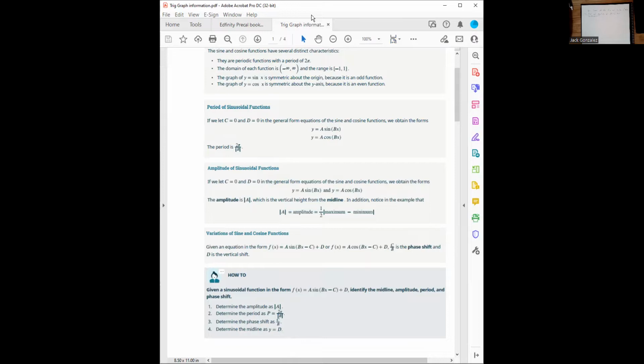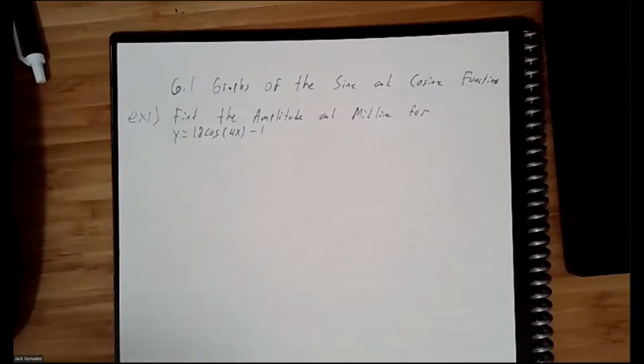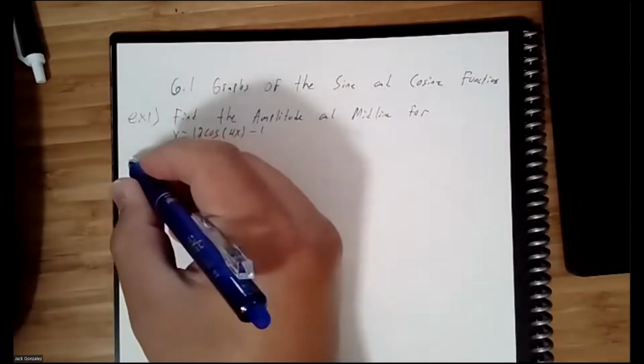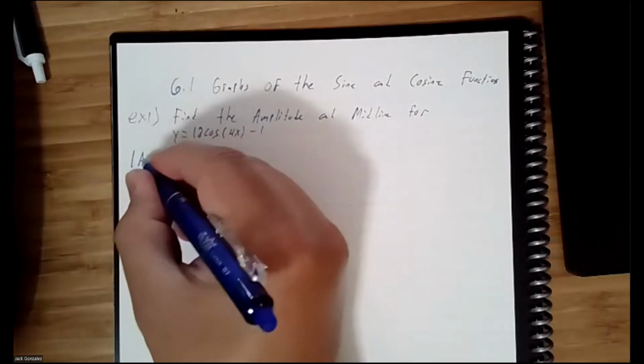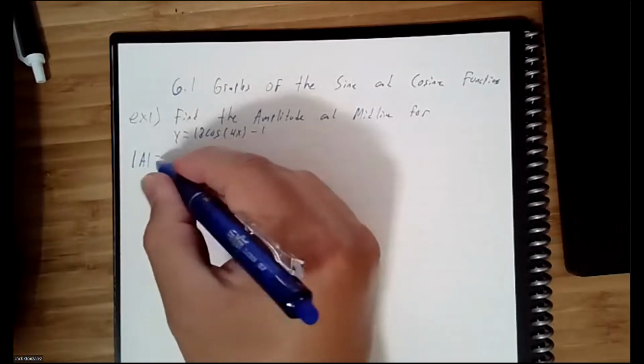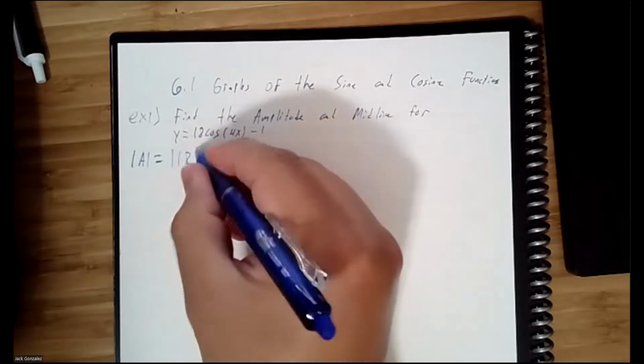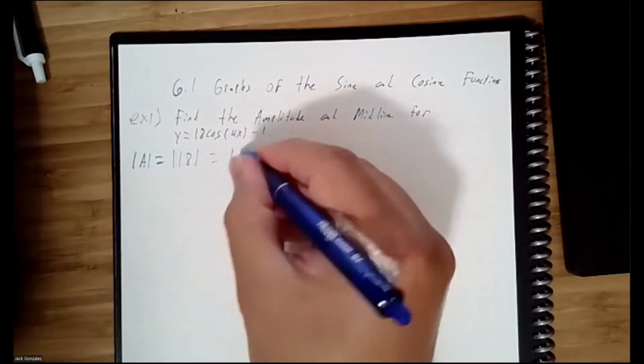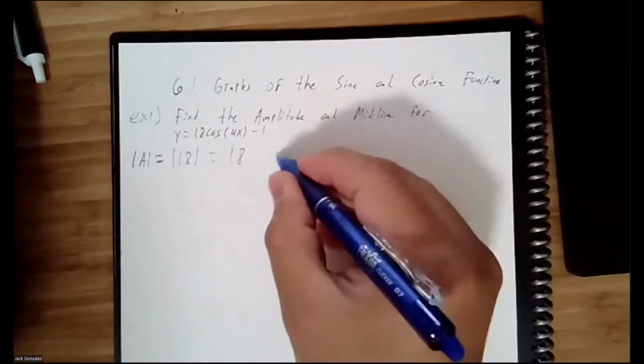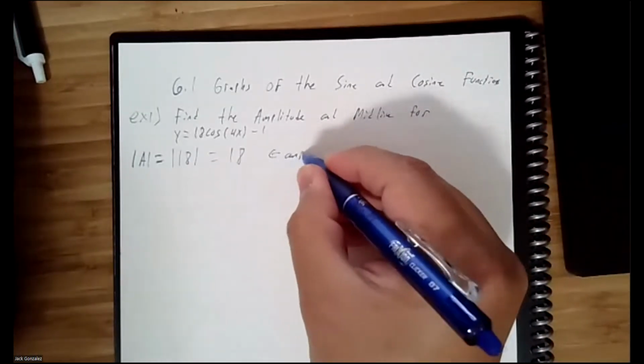So in our question, 18 would be our amplitude, right? It's always the absolute value of 18, so nothing really changes. This is the amplitude.